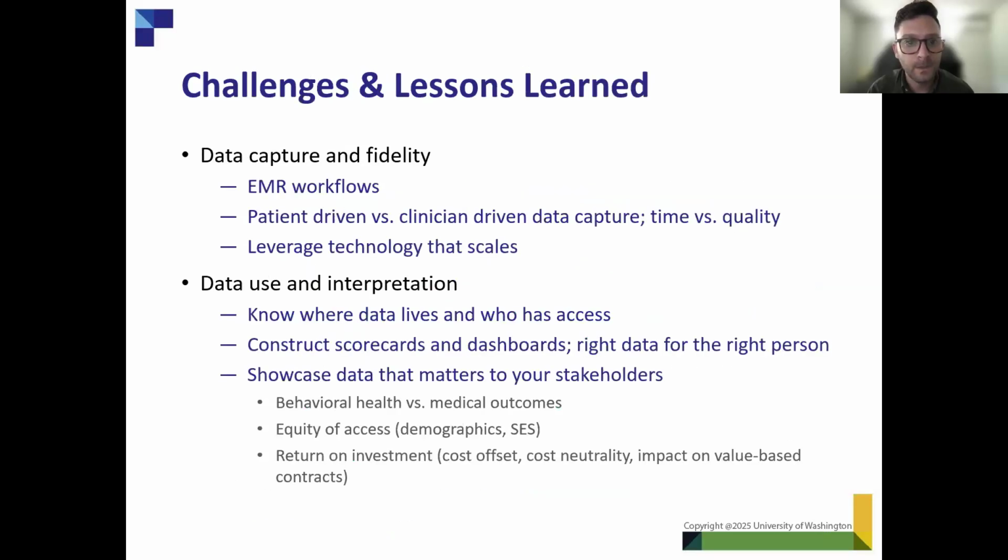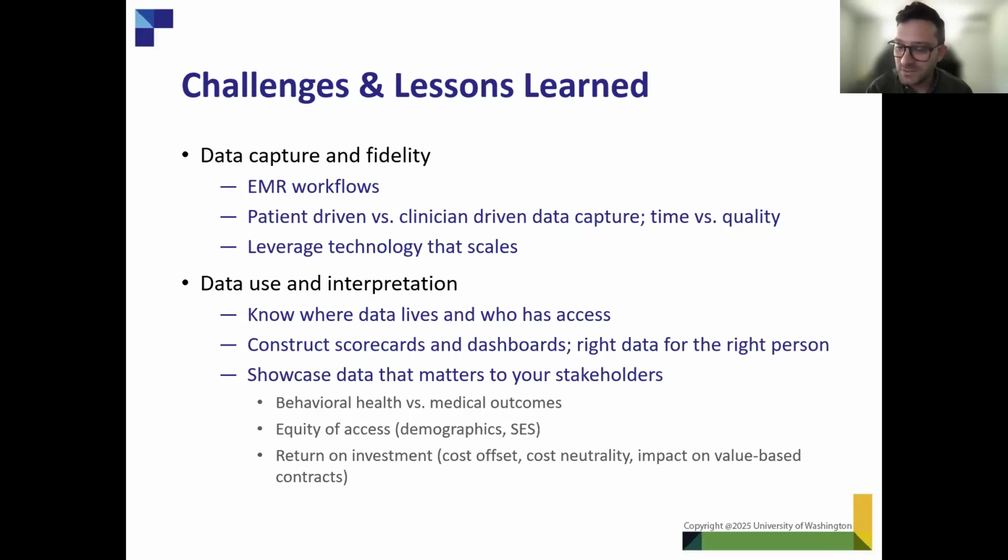Next slide. Some of the challenges and lessons that I've learned so far in this role, both as a psychiatric consultant and a healthcare administrator, on the side of data capture and fidelity, it's really important to understand your EMR workflows and to optimize them as much as possible so that it's easy and as seamless as possible to capture data from our patients.